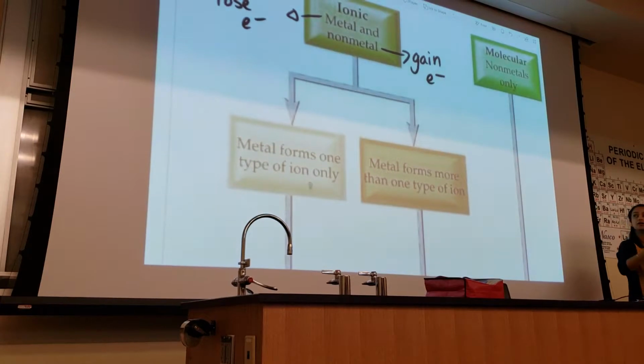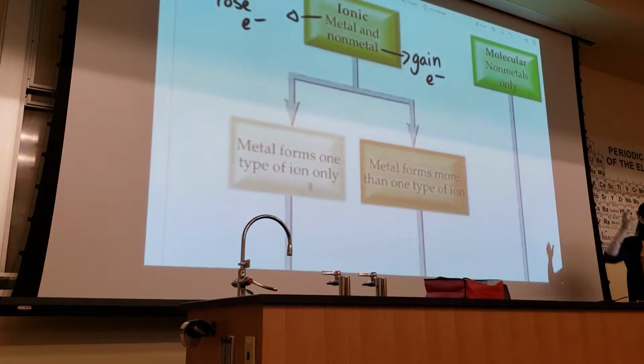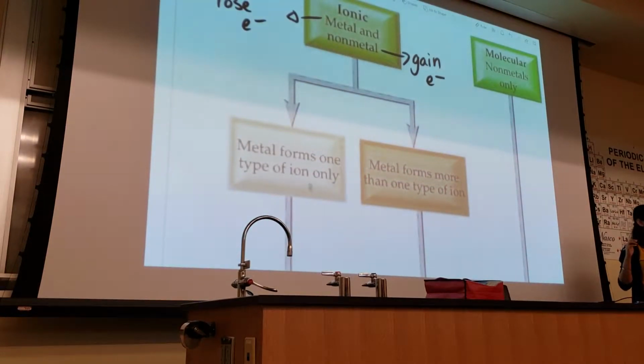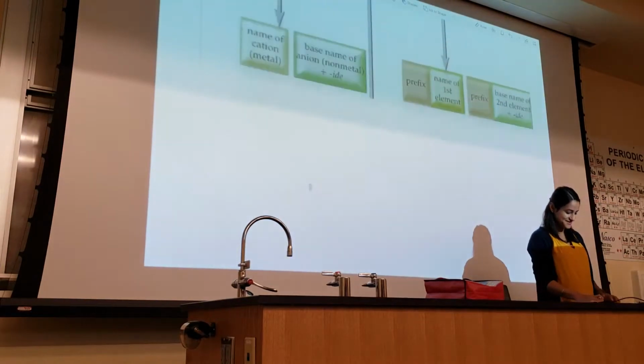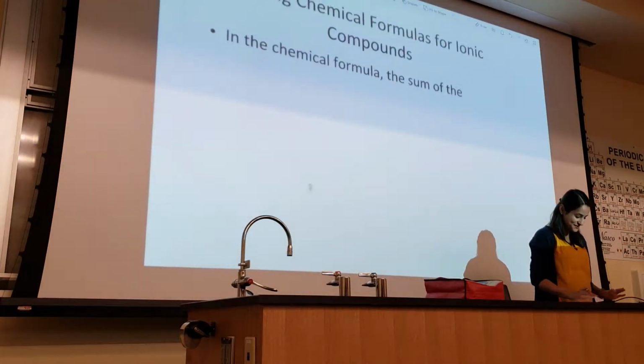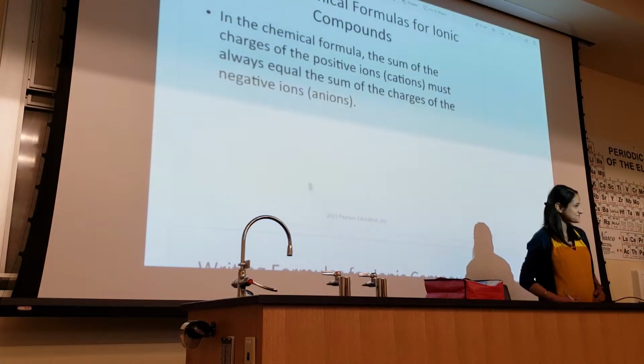And don't think the metal is getting deprived or anything, like you're just giving everything to the non-metal. The metal wants to lose that electron. It wants to do that. The non-metal wants to gain that electron. So it's not a bad relationship in that sense. Don't feel sorry for the metal. It's not a toxic relationship. Yeah.